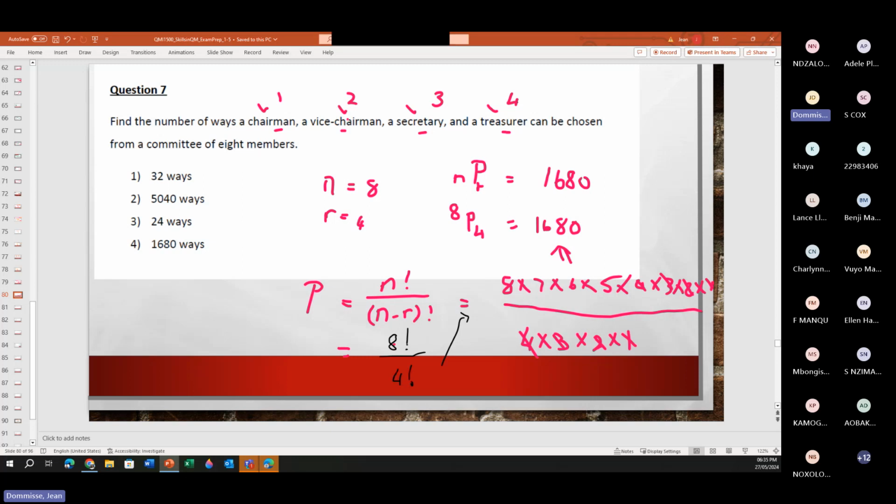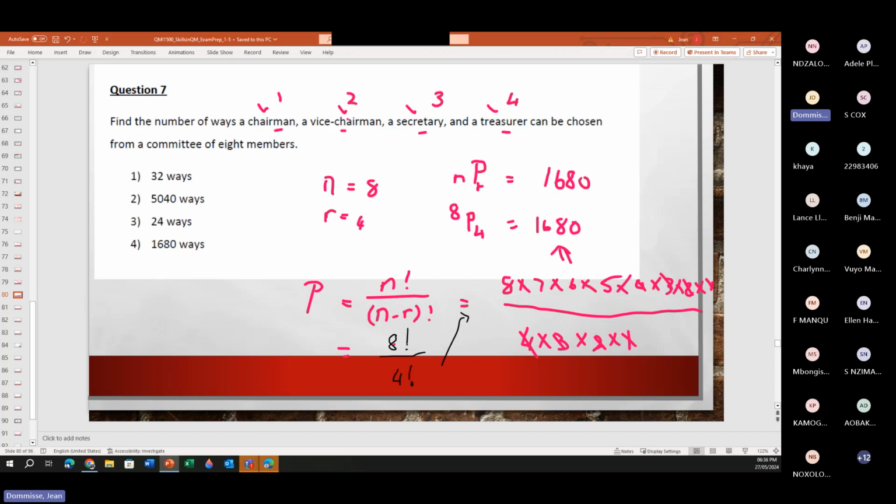So permutations most often happen if I say there are 10 athletes, and the first three get gold, silver, and bronze. How many permutations are possible for that to happen in positions 1, 2, and 3?